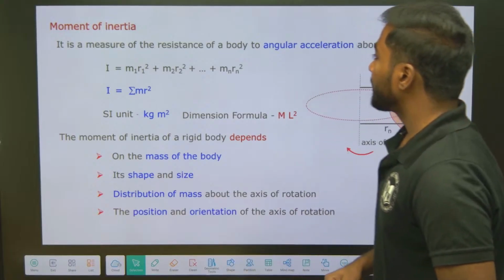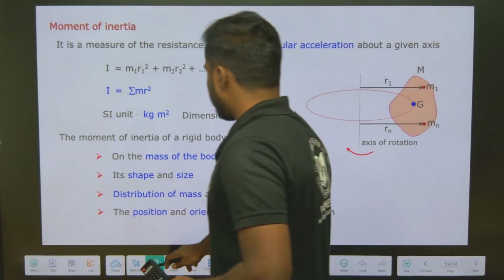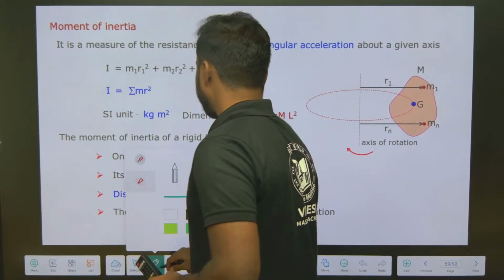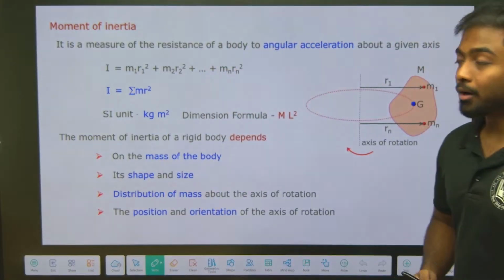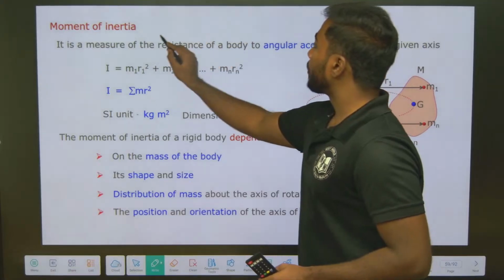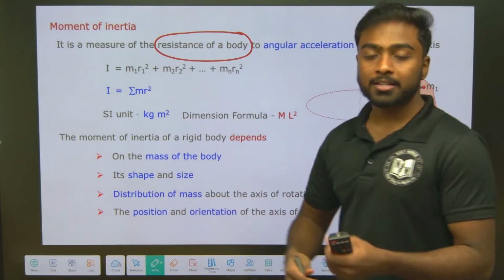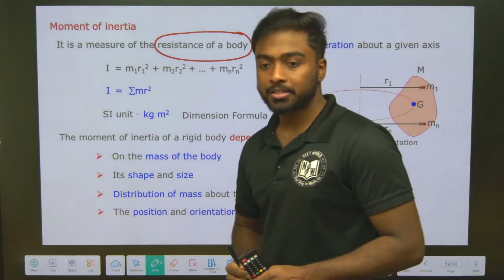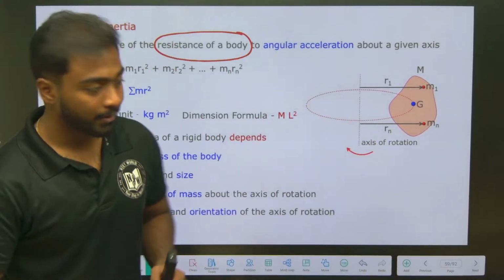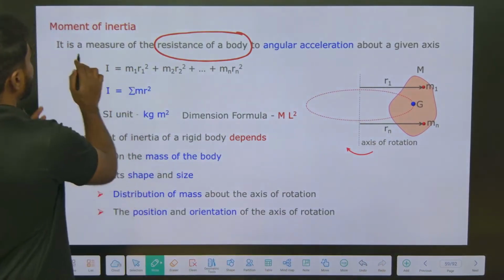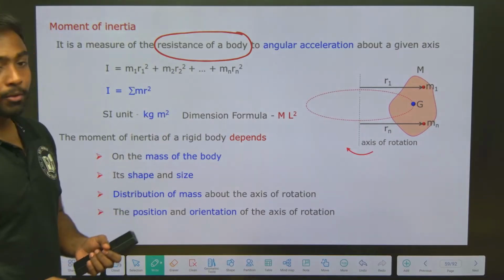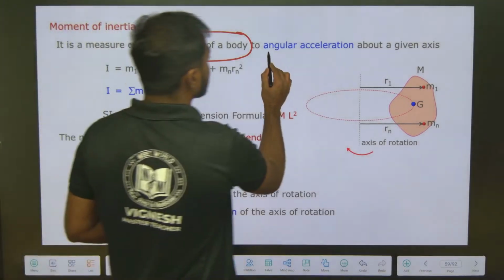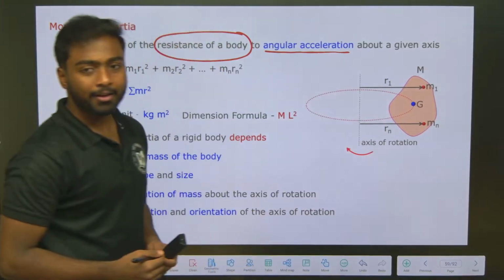So moment of inertia. What does moment of inertia mean? It is the measure of the resistance of a body. Like inertia we have discussed, right? Resistance of something. So it's a measure of resistance of a body to angular acceleration about a given axis.